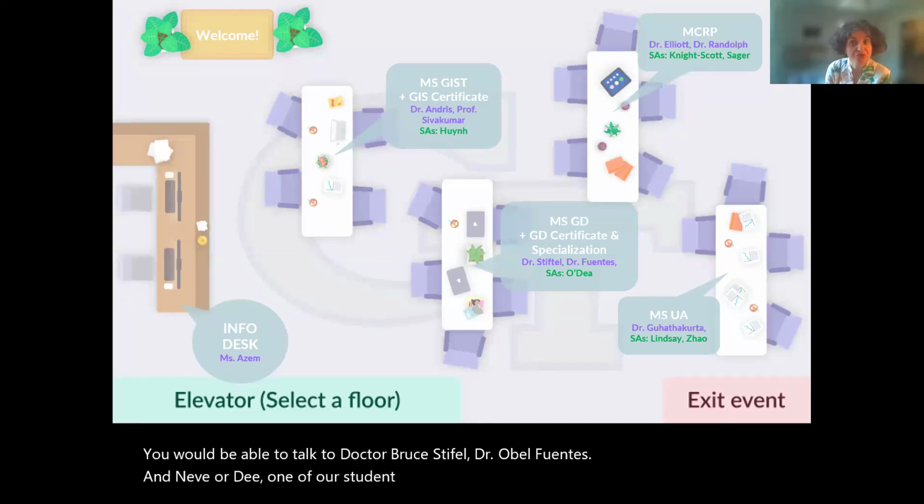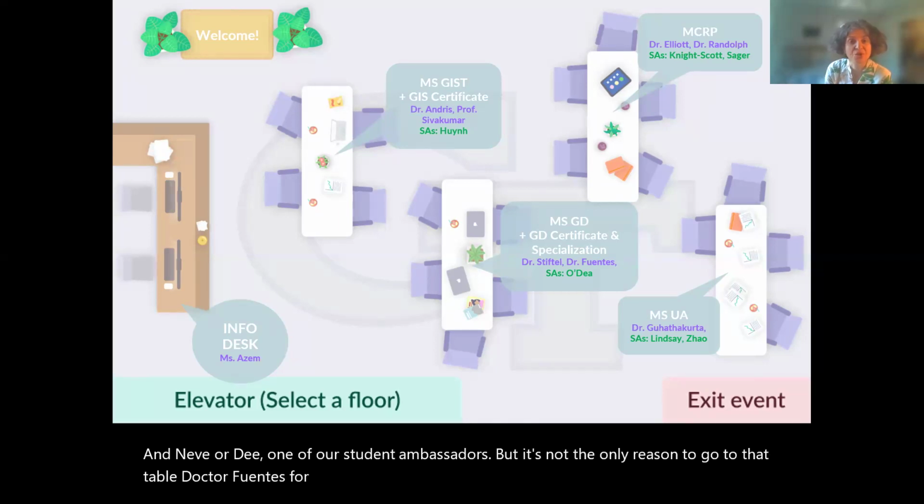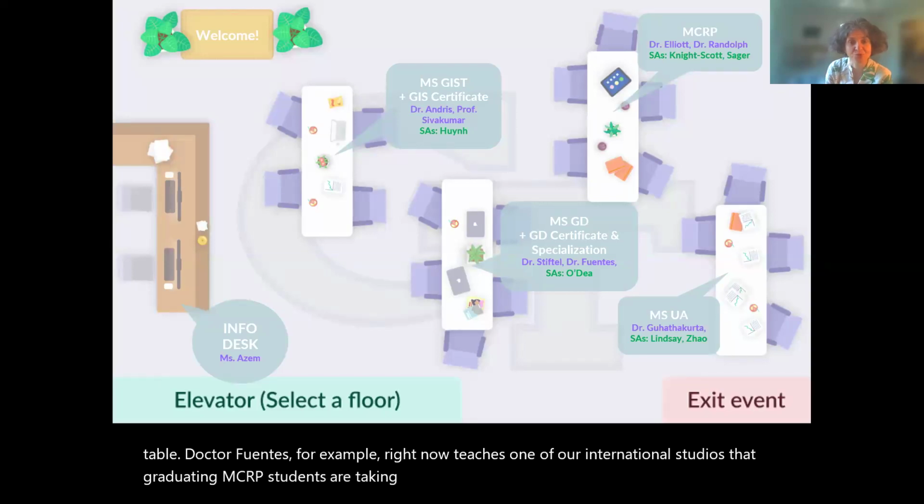But it's not the only reason to go to that table. Dr. Fuentes, for example, right now teaches one of our international studios that graduating MCRP students are taking. So his studio is focused on Puerto Rico.